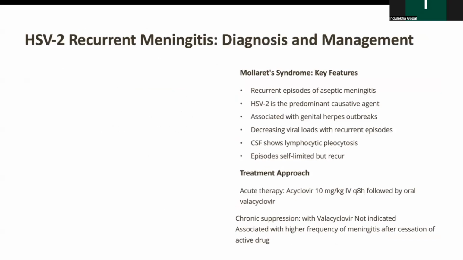This syndrome, recurrent meningitis from HSV2, is called Mollaret syndrome. The key features: there are recurrent episodes, HSV2 is the predominant causative agent, and there is an association with genital herpes outbreaks. There is decreasing viral load with recurrent episodes, and CSF shows lymphocytic pleocytosis. Usually these are self-limited, but there is a tendency to recur.